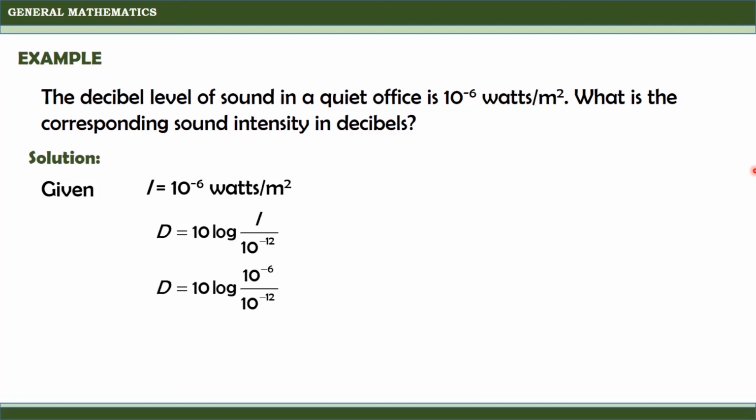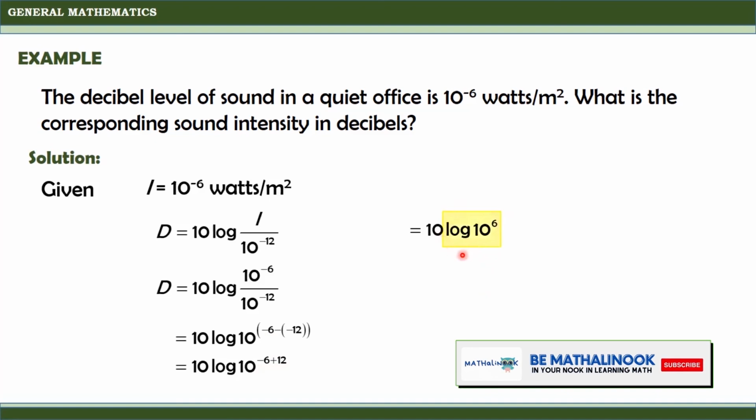Simplifying the exponents negative 6 and negative 12, we will have 10 logarithm of 10 raised to negative 6 minus negative 12. Thus, this expression will actually give us negative 6 plus 12. Simplifying negative 6 plus 12, we will have 10 logarithm of 10 raised to 6.